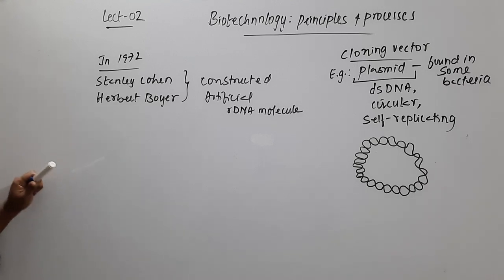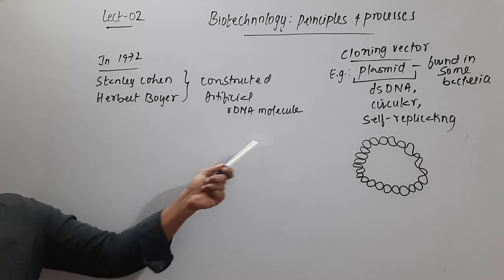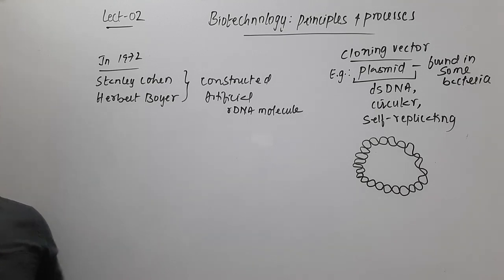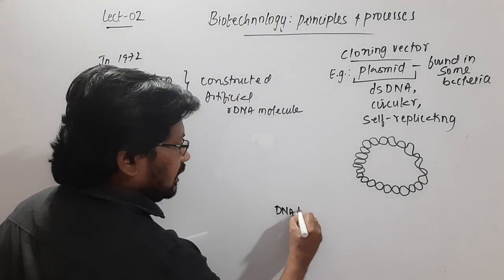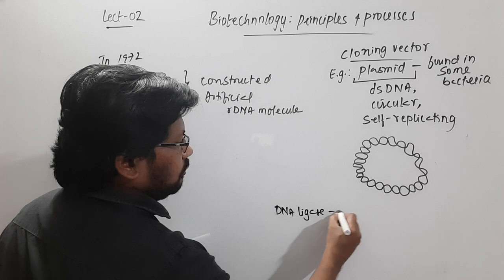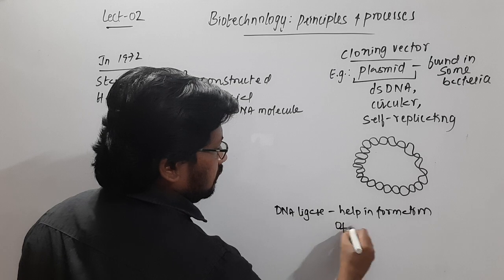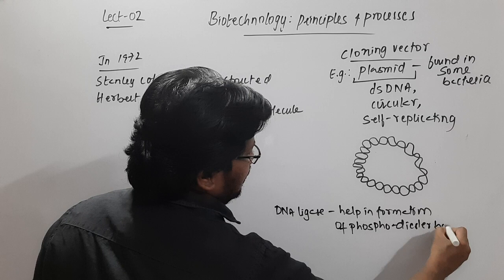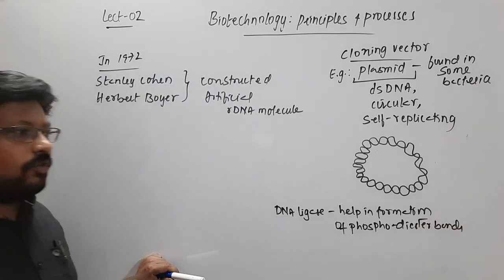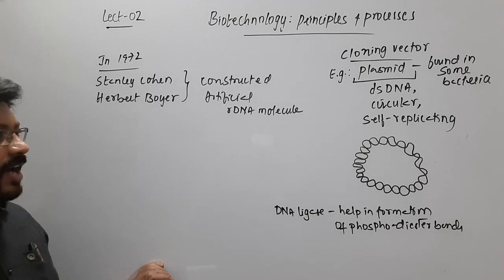How did it become possible? Of course, that all became possible by using plasmids, restriction endonucleases and DNA ligases. Here I just mentioned that DNA ligase helps in the formation of phosphodiester bonds, thereby helping in joining two fragments of DNA.